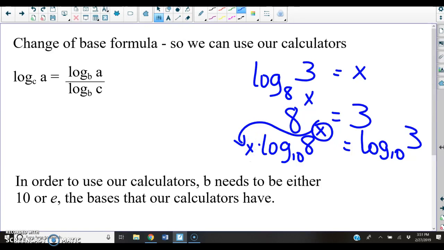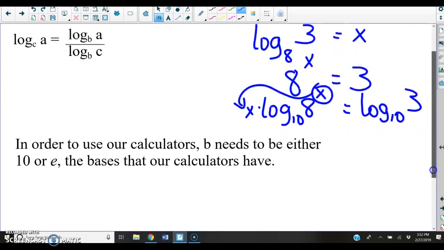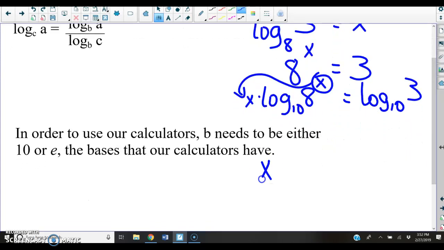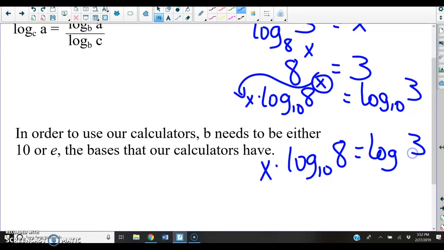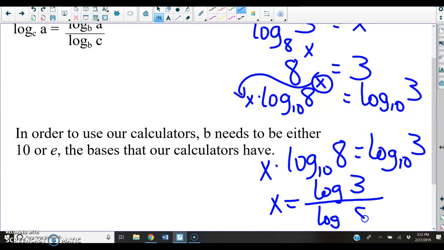Okay, so that's why we needed to learn that power rule. So now we have x times the log of whatever number, in this case 8, equals the log of whatever number, in this case 3. To get x alone, we would take the log of 3 divided by the log of 8.